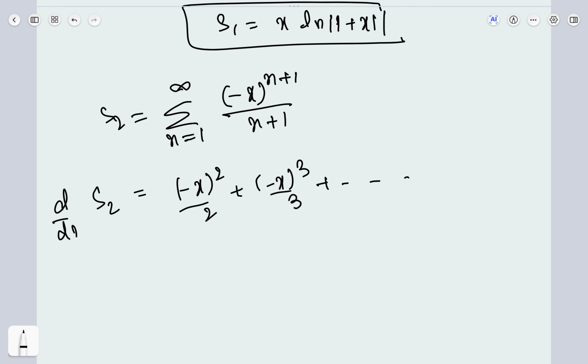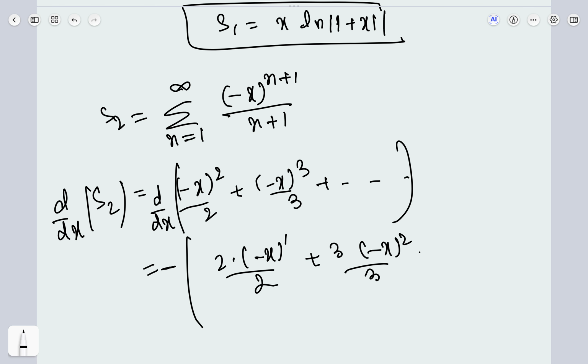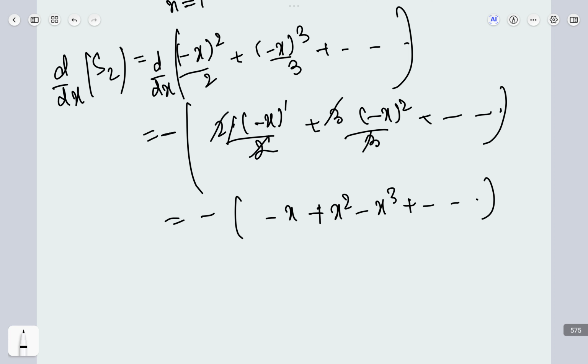So again I can just differentiate both sides and I would be left with minus 2 times minus x power 1 by 2 plus 3 times minus x power 2 by 3, and so forth. So I am left with minus times minus x plus x squared minus x cube, and similarly that.